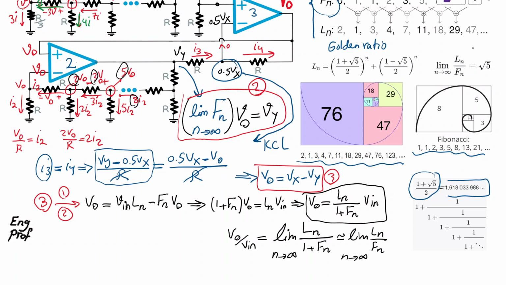At the beginning of this conversation, I mentioned that it's mathematically proven to be equal to root 5. So this number is just square root of 5.